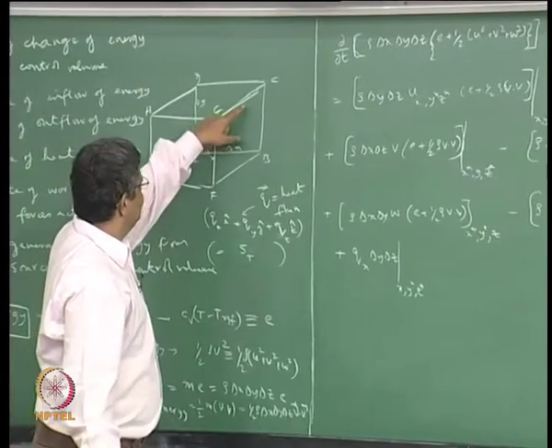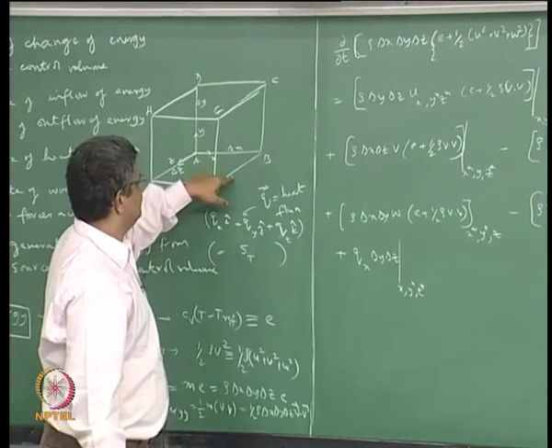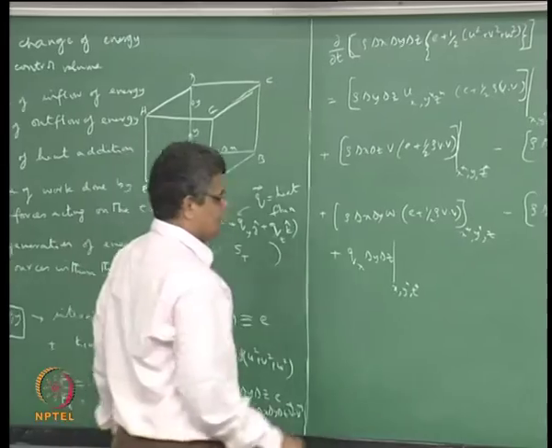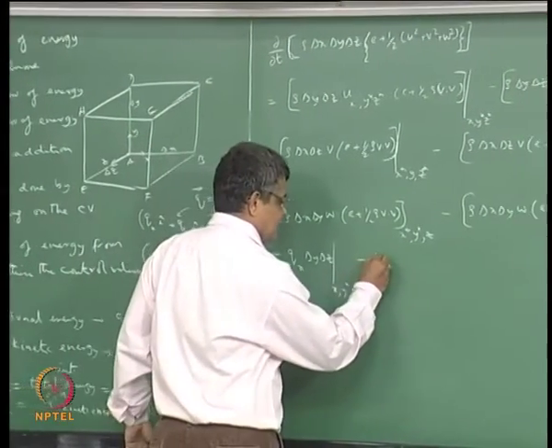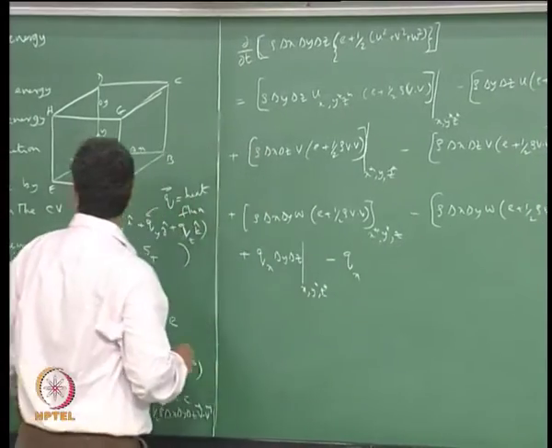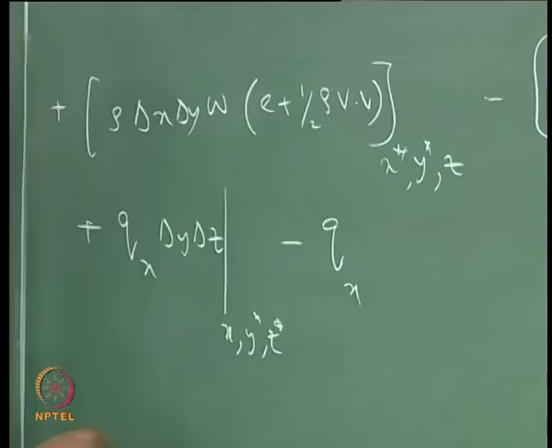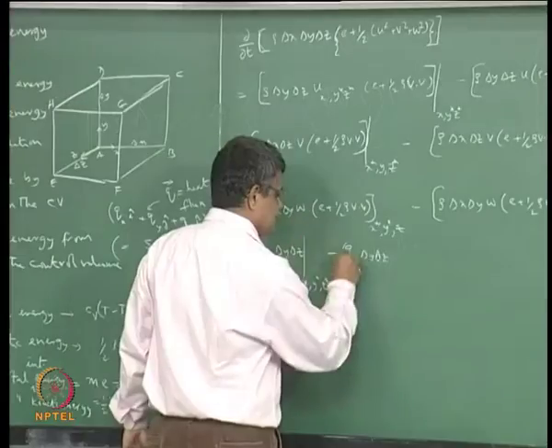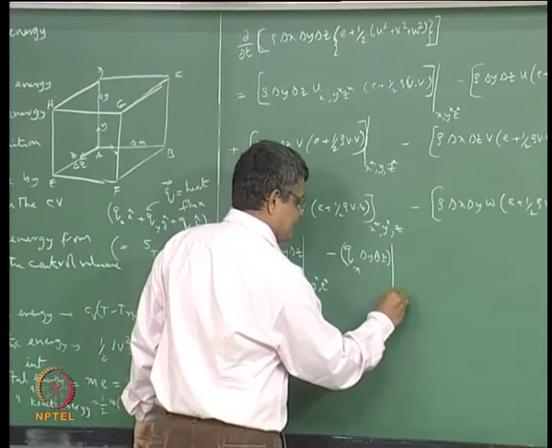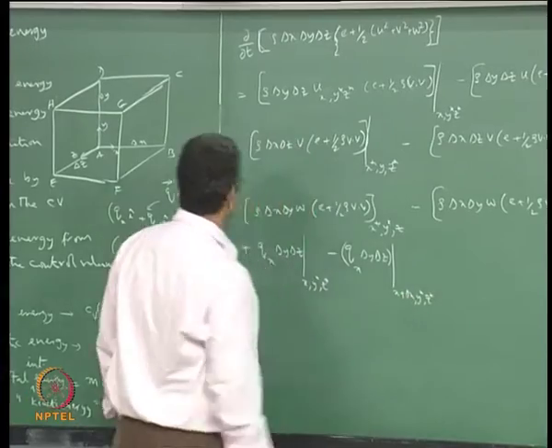And at this face, that is the positive x face, that is the right face, Qx is actually leaving. So that means loss, it is not being added, it is being subtracted, the system is losing. So Qx times delta y delta z at x plus delta x, y star, z star.